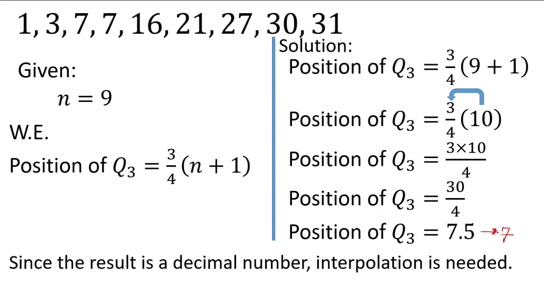But then, you want to find out what is the exact value of the third quartile. You know that the third quartile is located at the 7.5th element of the whole distribution. So, since the result is a decimal number, interpolation is needed. So, let's proceed.